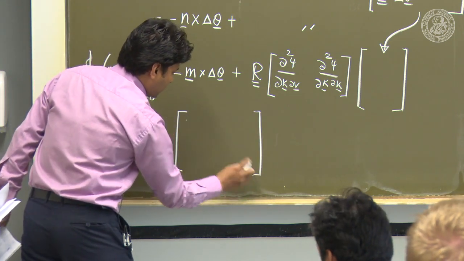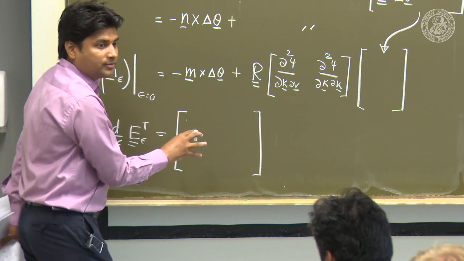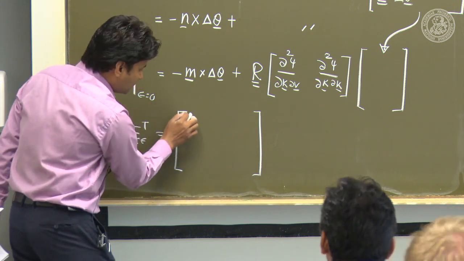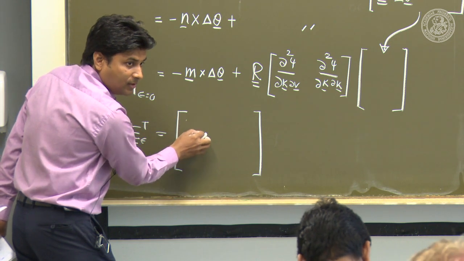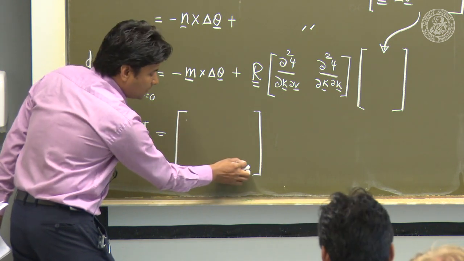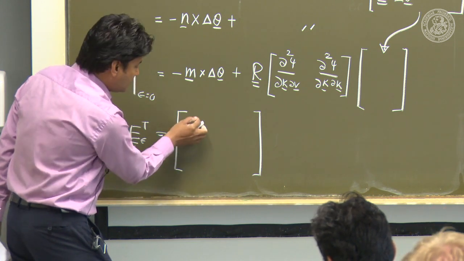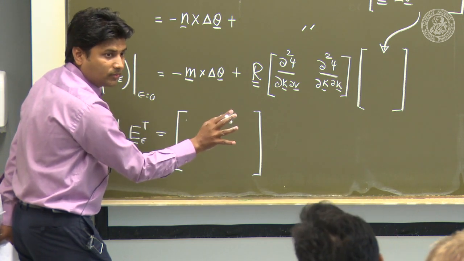So you see inside this operator, what was the function of epsilon? Only the term over here. This was identity times d by ds, identity times d by ds, this was 0. So identity times d by ds, when you take its d by d epsilon, it goes away.